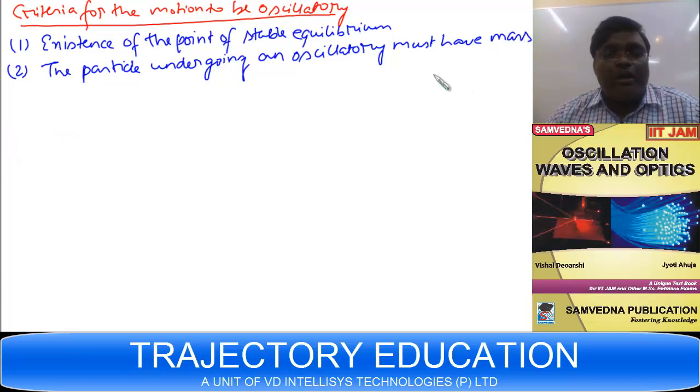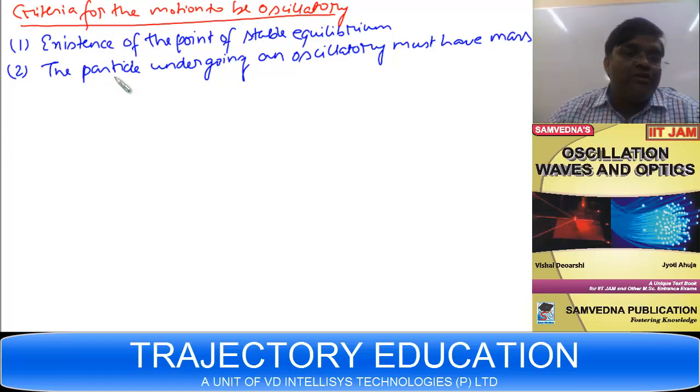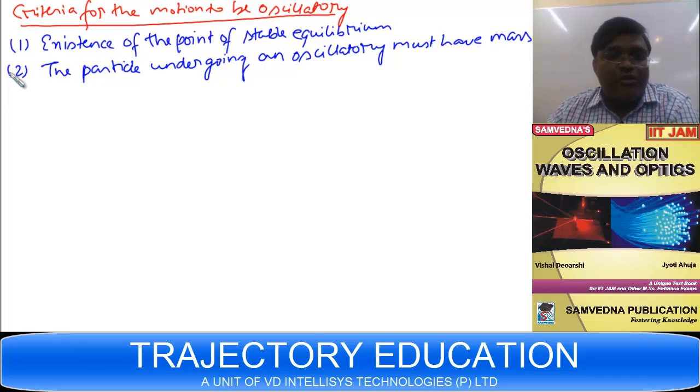So the particle undergoing an oscillatory motion must have the mass. So these are the two important criteria for the motion to be oscillatory. I'll discuss them one by one.